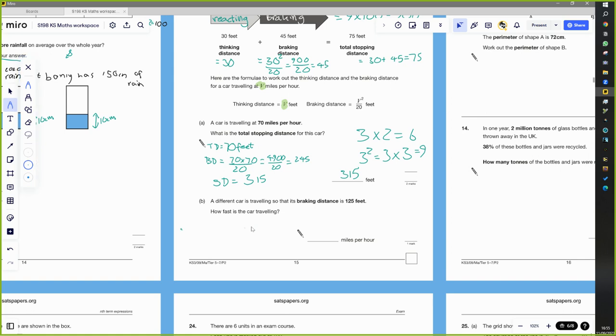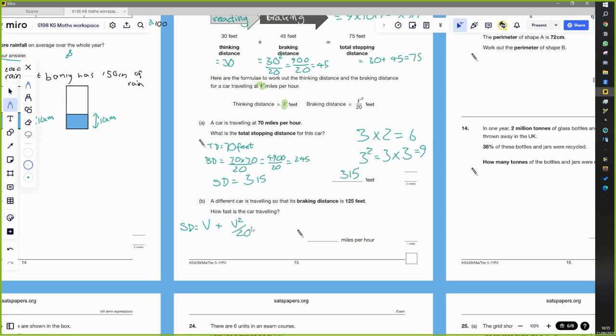Well, we know that the total stopping distance is going to be equal to the thinking distance plus the braking distance. The thinking distance is v, and the braking distance is v squared over 20. So it's going to be v plus v squared over 20.